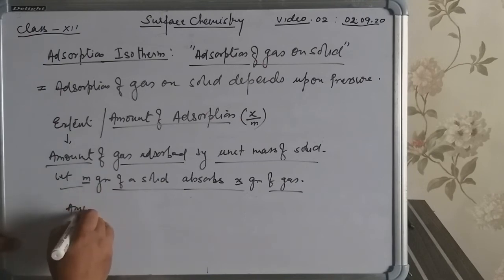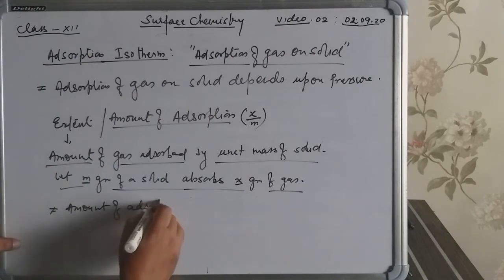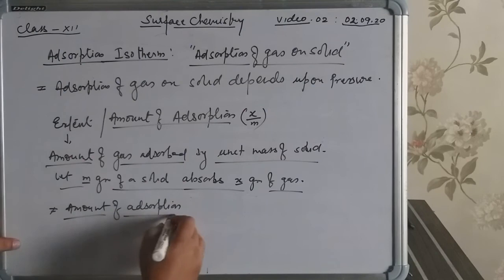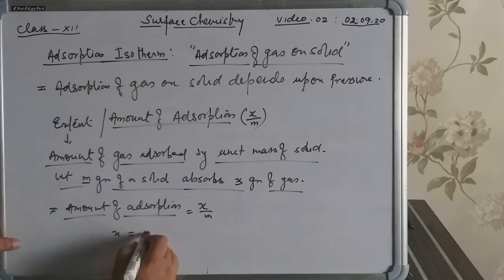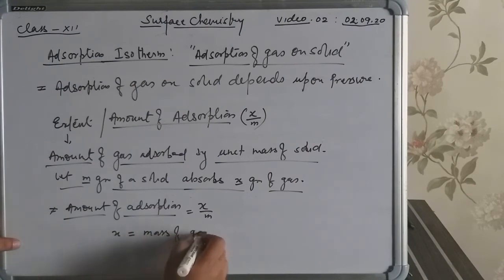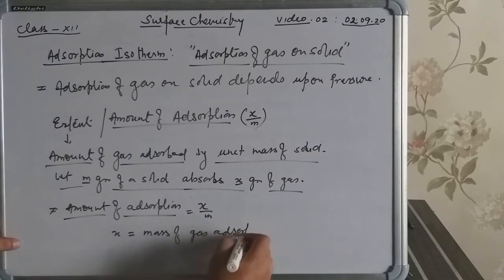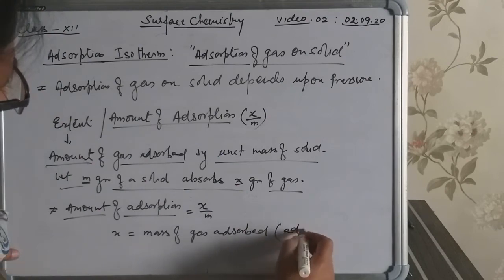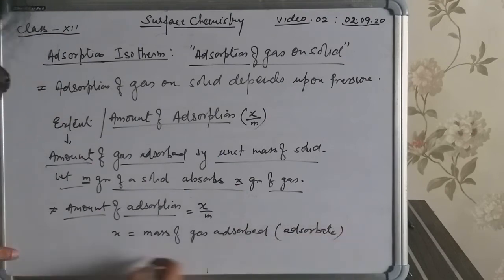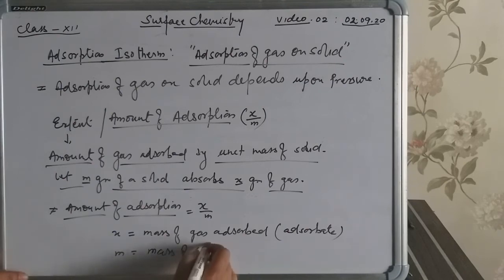So amount of adsorption is x by m, where x is the mass of gas adsorbed, which is called the adsorbate, and m is the mass of solid, which is called the adsorbent.